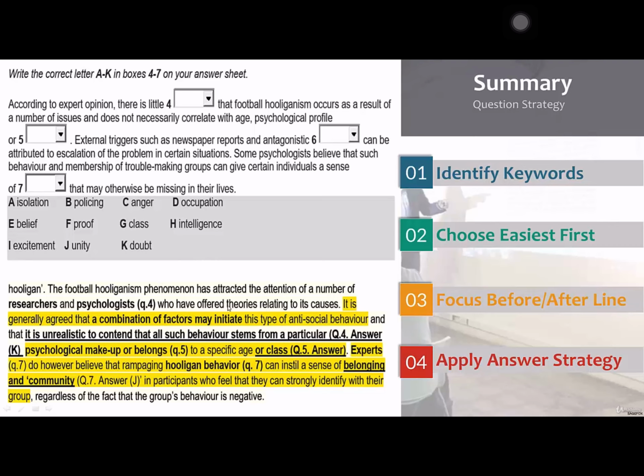When we look at it, it is generally agreed that a combination of factors may initiate this type of antisocial behavior, and that it is unrealistic to contend that all such behavior stems from a particular, right? So if it's unrealistic to contend that all, what word summarizes that, right? And this is where the difficulty comes in. What word summarizes that? It deals with doubt.